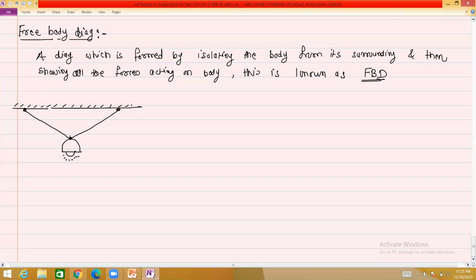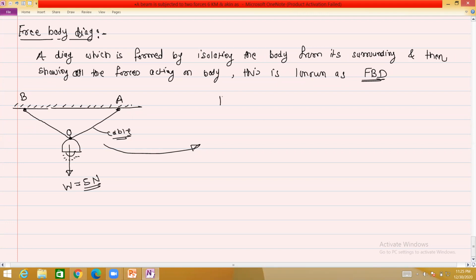Right now the weight of this lamp is supported by these cables. Suppose we want to find out the tension in this cable, then we have to draw the free body diagram for this lamp. Suppose the lamp weight is W, and consider this is 5 Newton. Take this point O, this is point A, and this is point B.